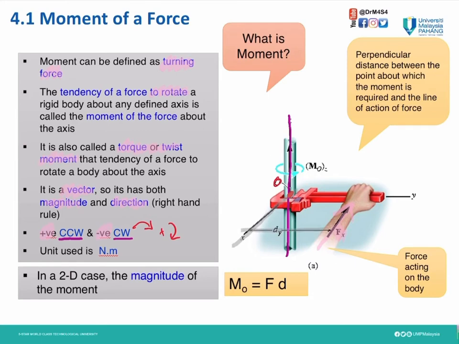If we want to know the moment applied on this pipe, we call it MO. Moment at O is the force we apply, F, times the perpendicular distance, d. So that is moment, and this is the perpendicular angle.